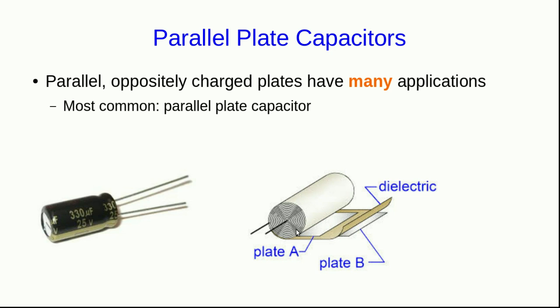The fact that they're then curved doesn't matter, because the distance between the plates is very small compared to the radius of curvature, and so they can still be treated as flat parallel plates for purposes of calculating the electric field in between them.